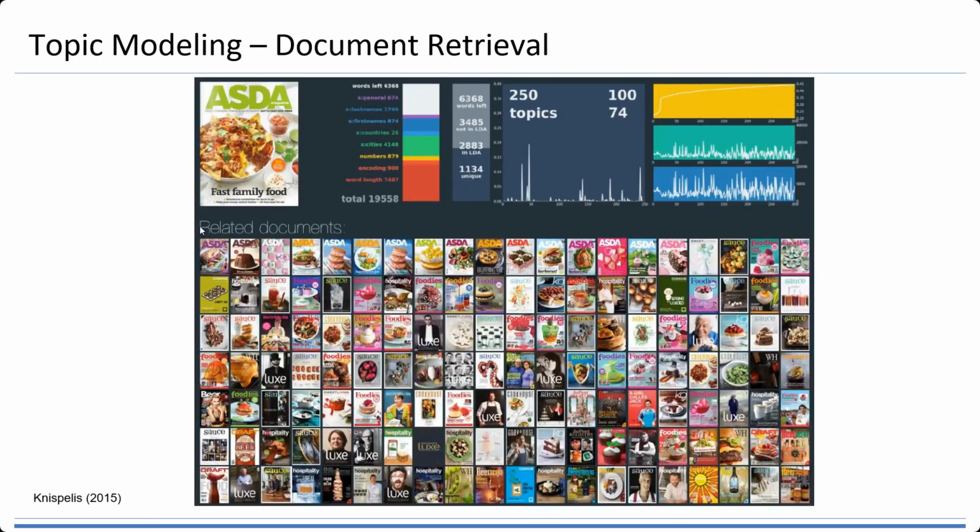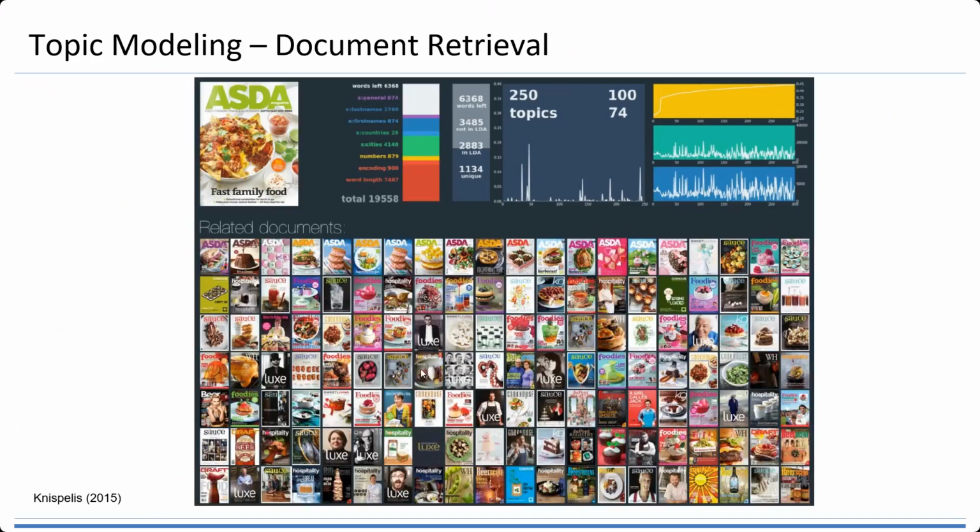The document retrieval. So the document retrieval is also a part of topic modeling. For example, this is a magazine. So all magazines are related to food. If you look at the picture, okay, most of them are related to food.